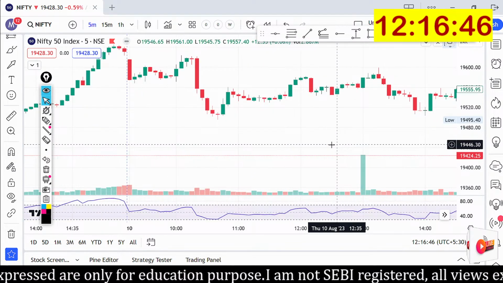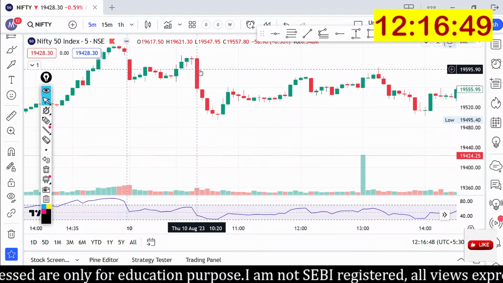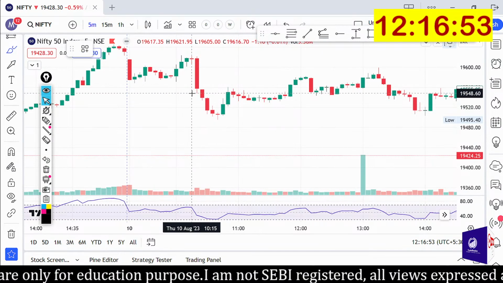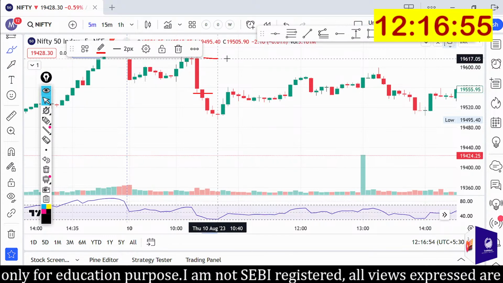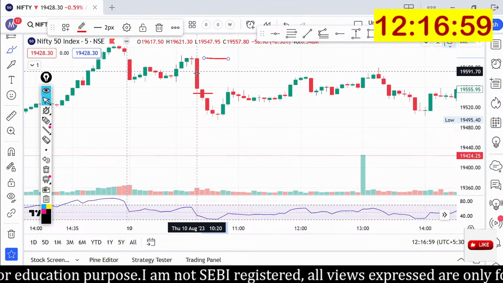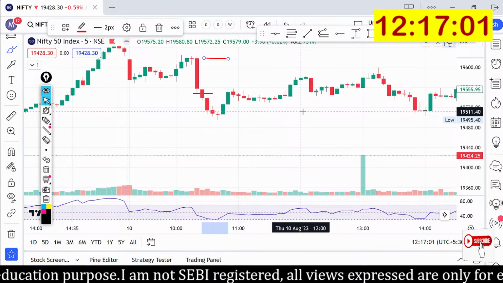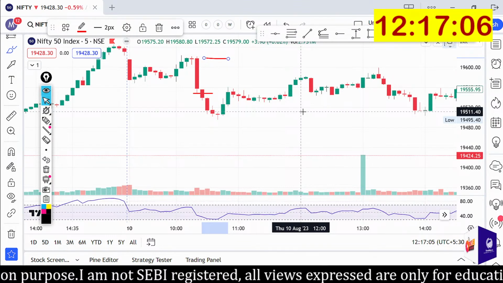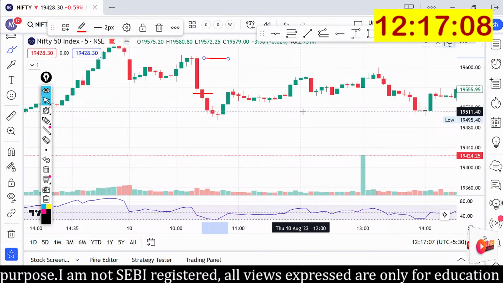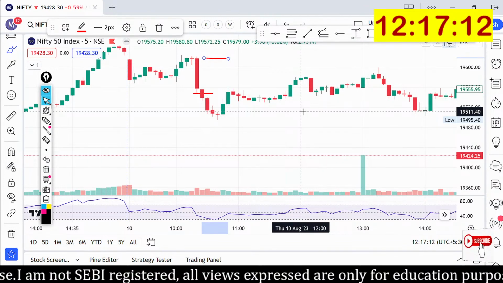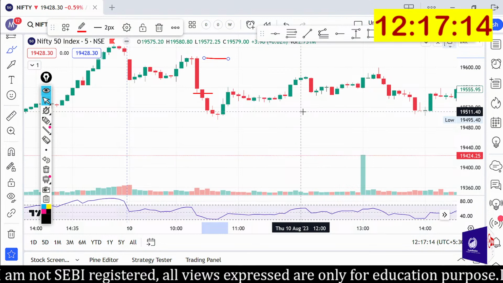But when you are looking at any candle, look at this candle and tell me what this tells us. Are the sellers aggressive here or are the buyers aggressive?